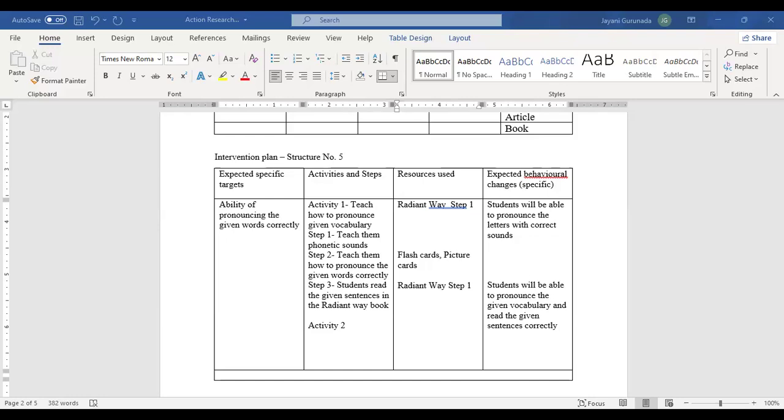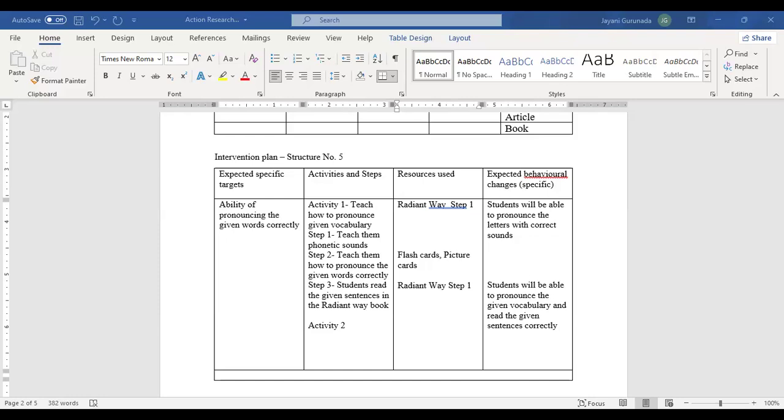Okay. What is your expected specific target? The topic is improving loud reading among grade 6A students. The expected specific target: first one is ability of pronouncing the given words correctly.